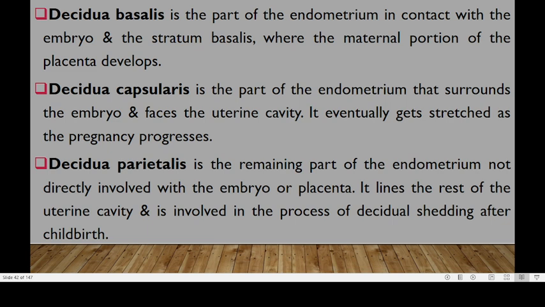Remember, the decidua basalis is the part of the endometrium that is in contact with the embryo and the stratum basalis, where the maternal portion of the placenta develops, while the decidua capsularis is the part of the endometrium that surrounds the embryo and faces the uterine cavity. It eventually gets stretched as the pregnancy progresses, while the decidua parietalis is the remaining part of the endometrium that is not directly involved with the embryo or the placenta. It normally lines the rest of the uterine cavity and is involved in the process of decidual shedding after childbirth.